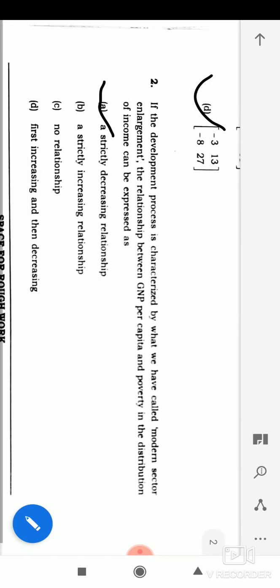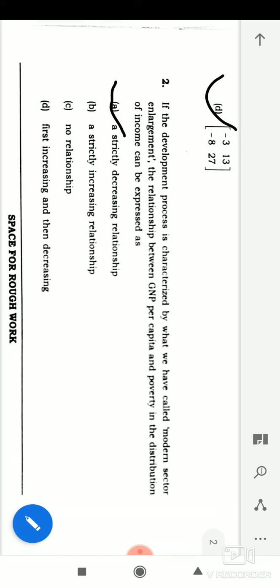Now next one: if the development process is characterized by what we have called modern sector enlargement, the relationship between GNP per capita and poverty in the distribution of income can be expressed as, given options: a strictly decreasing relationship, a strictly increasing relationship, no relationship, first increasing and then decreasing.